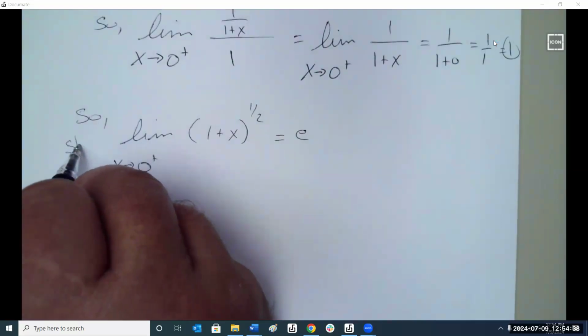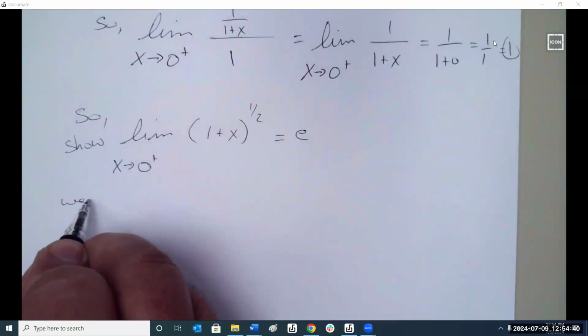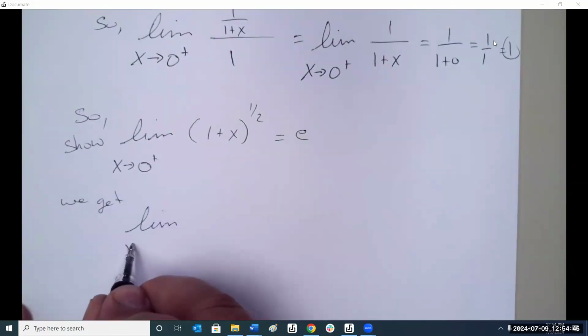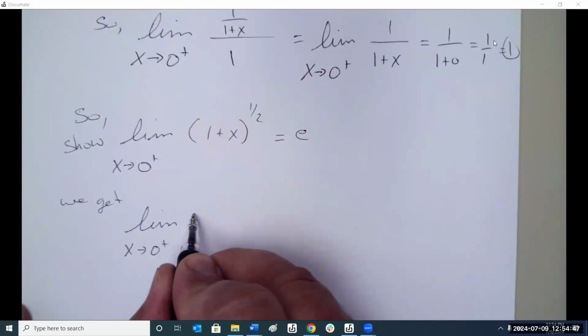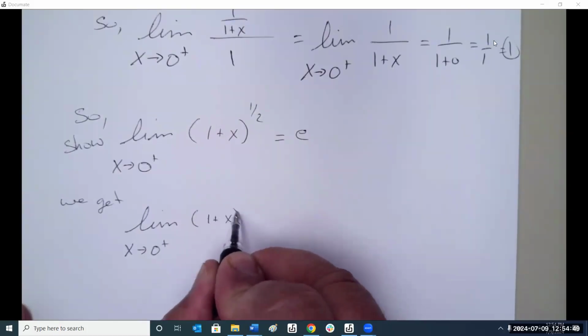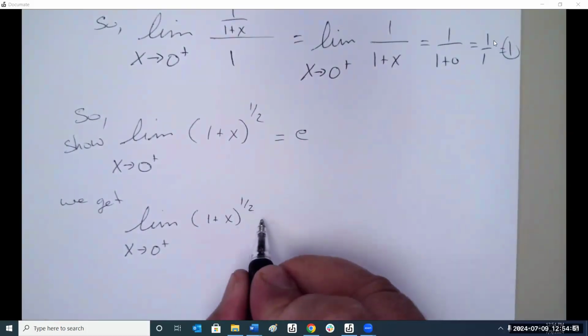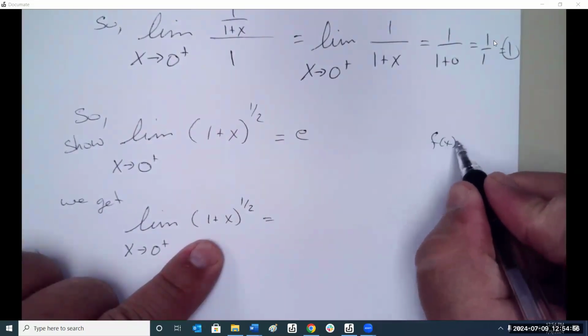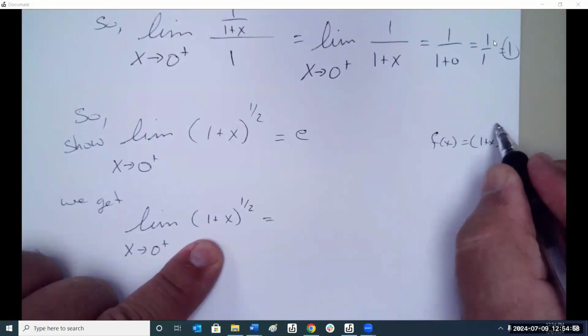So we get that the limit as x approaches 0 from the right of this, this is our f of x. Remember, our f of x was 1 plus x to the power 1/x.